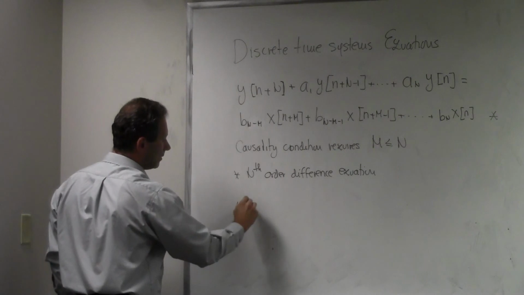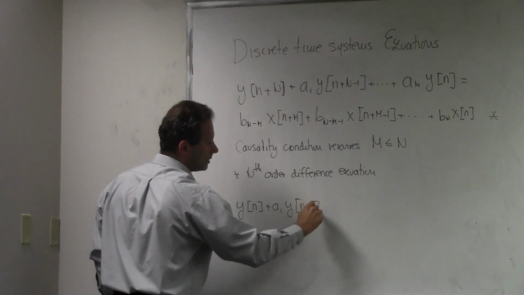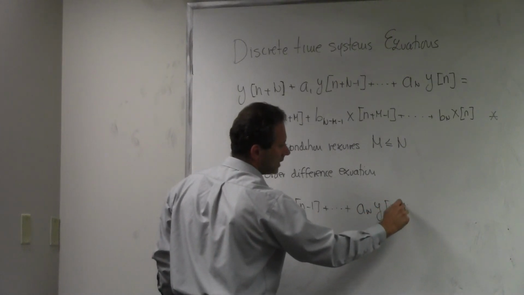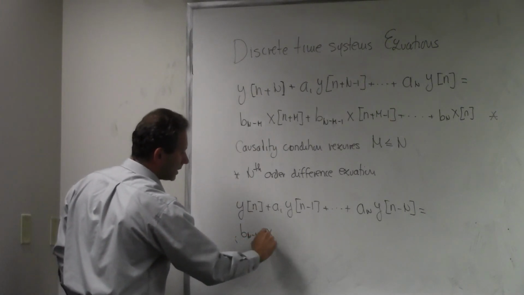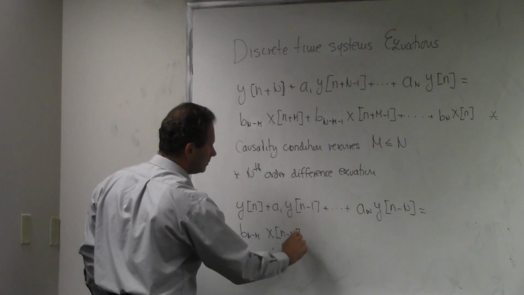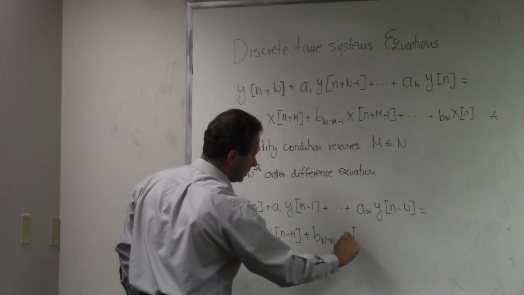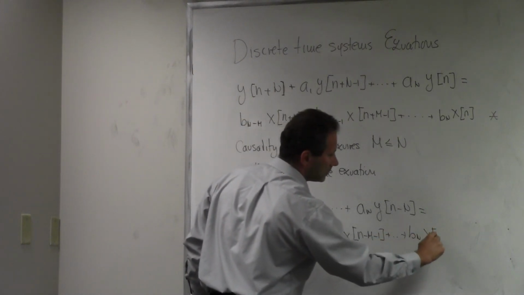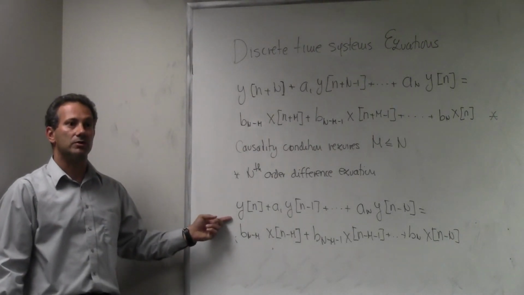They would write y of n plus a1 y of n minus 1 plus ... an y of n minus N is equal to b_{N-M} x of n minus M plus b_{N-M-1} x of n minus M minus 1 plus and so on plus b_N x of n minus N. This is another way of writing it, a more natural way of doing so.